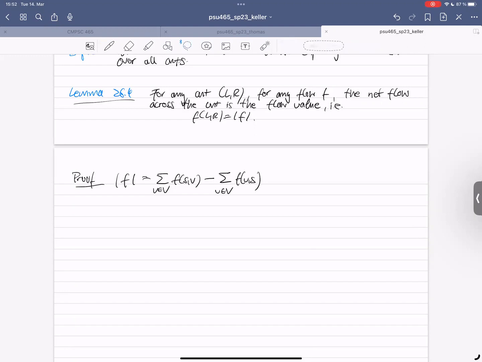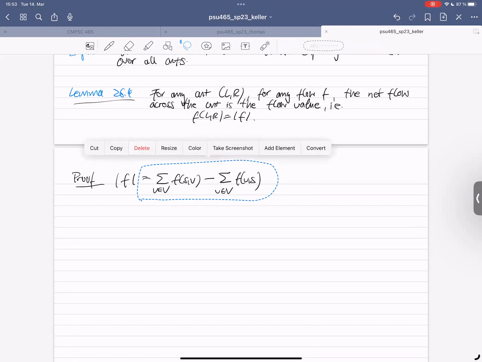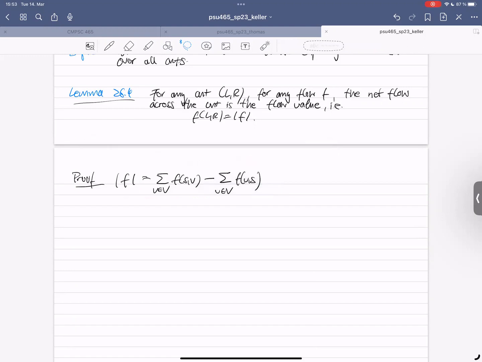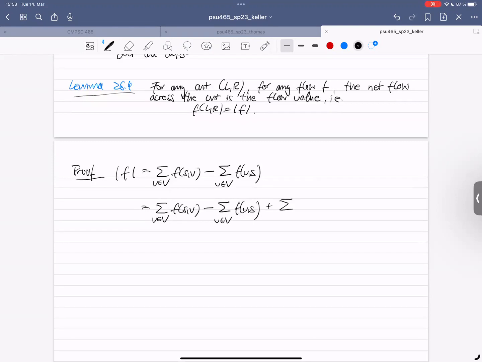I'll copy this to not write the same thing again. And then I'm going to add something, and I'll ask you about this afterwards. Let me just write the following sum.